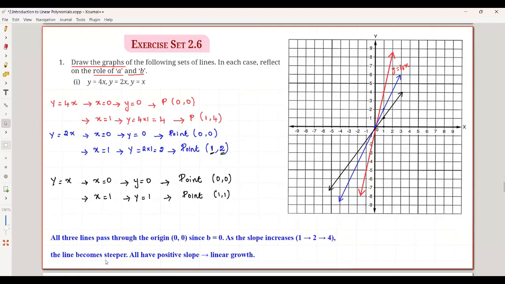Here is the new term, steeper, which means sudden fall or increase. Here it is increasing. All have positive slope. Therefore, we can say this is linear growth. Why? Because the A value is positive everywhere.